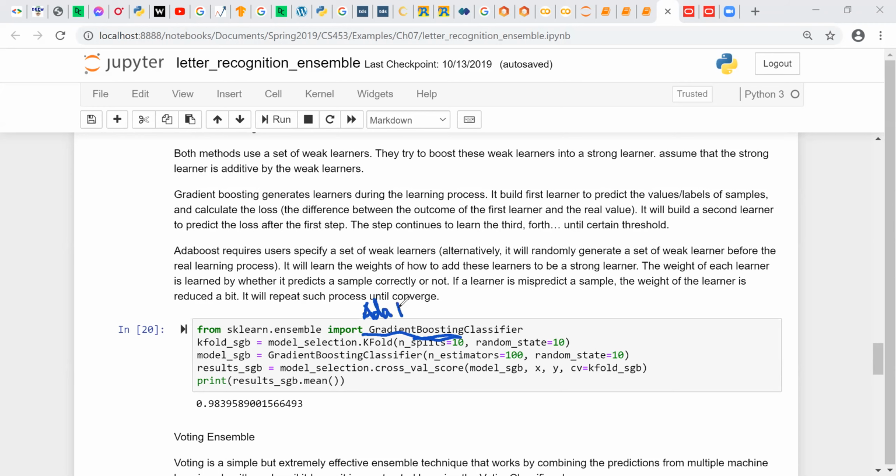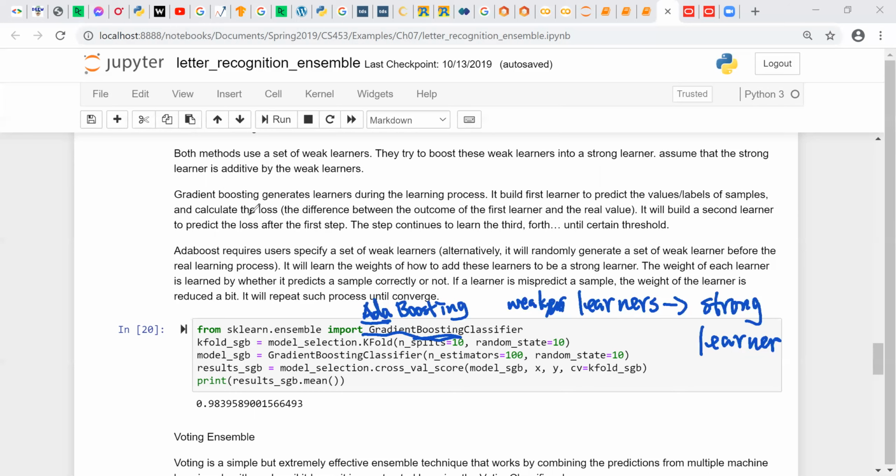So versus AdaBoost, over here we are going to see gradient boosting. AdaBoost is adaptive. You train weak learners into a strong learner. That's your focus. Gradient boosting is not on the weight. The focus is not on the wrongly classified samples.